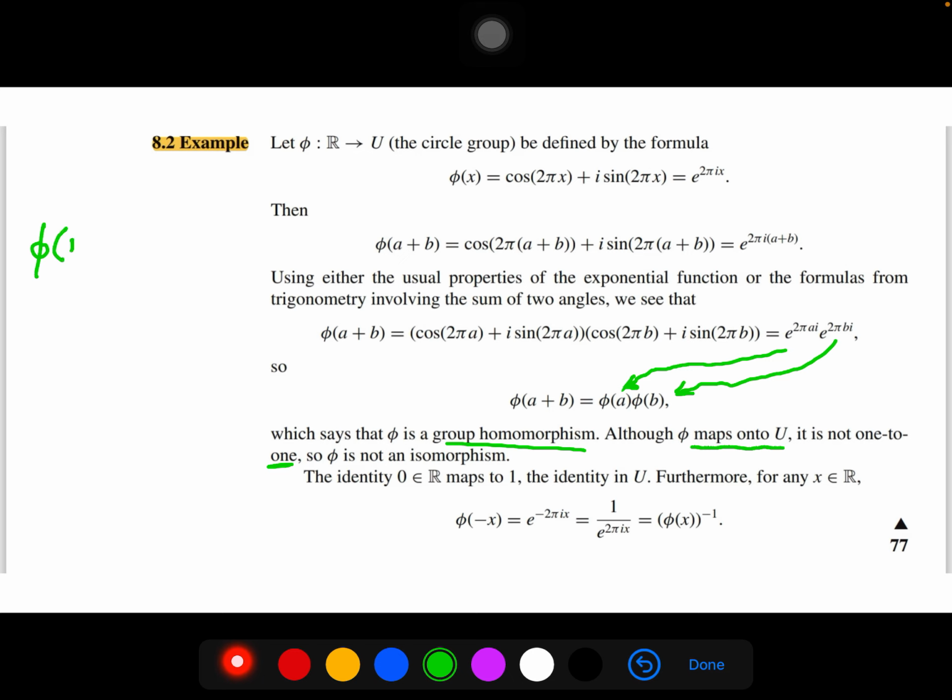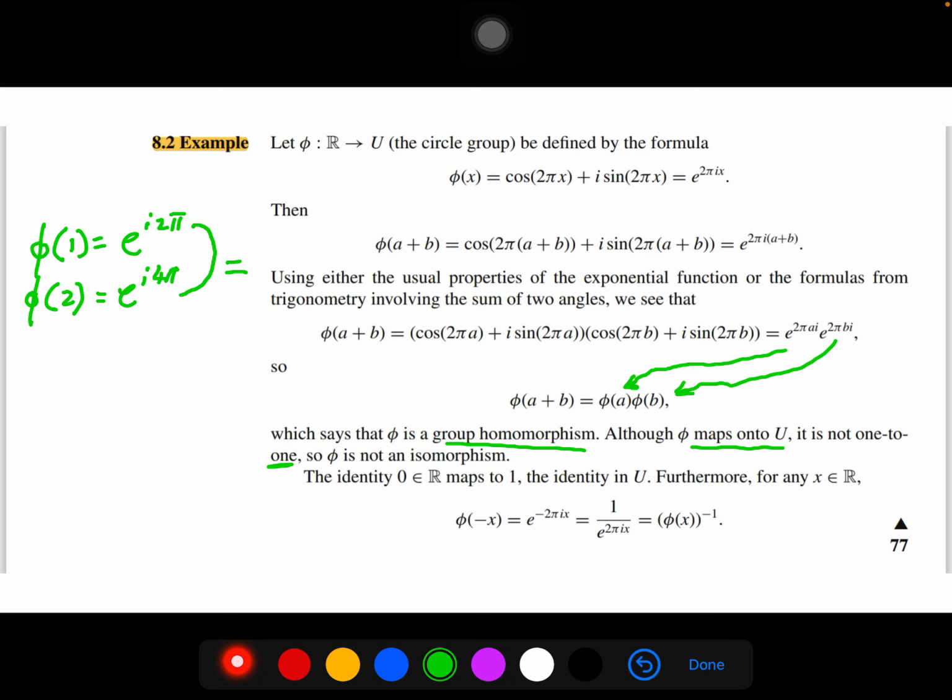What I mean is that phi of 1 equals e to the 2 pi i, and if I take phi of, let's say, 2, I get e to the 4 pi i. But e to the 2 pi i and e to the 4 pi i are actually the same complex number.